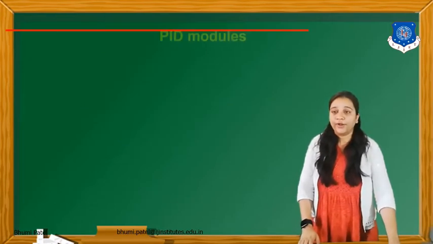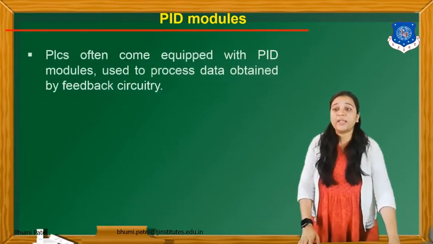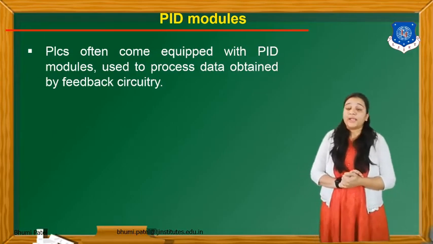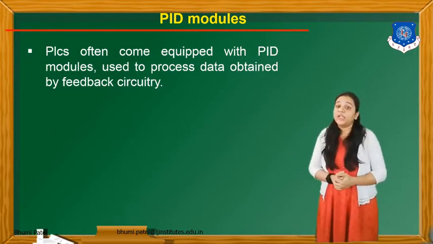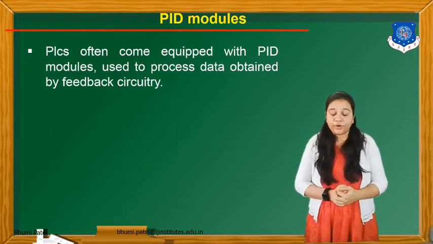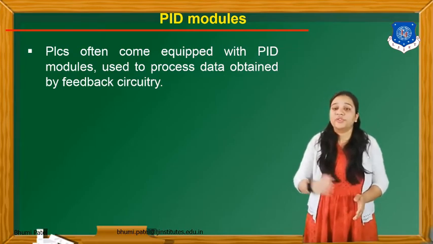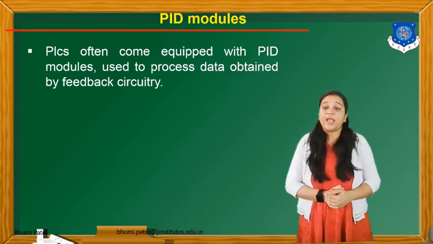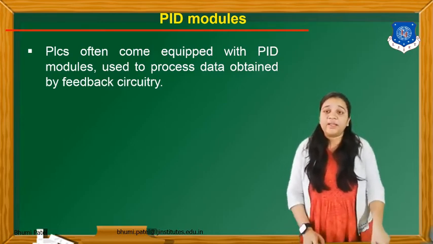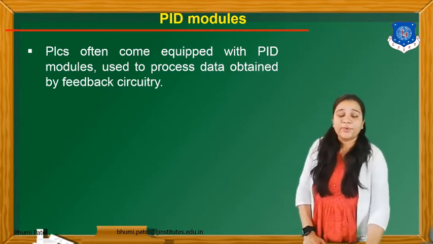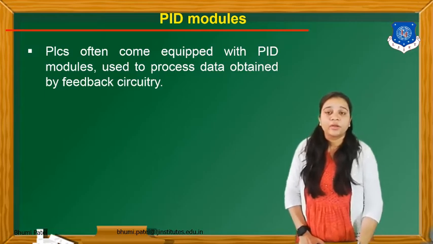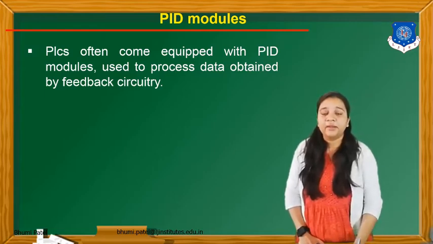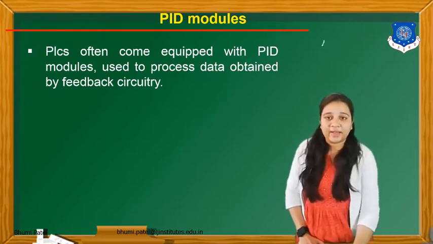So first of all, what is the PID module? PLCs often come equipped with the PID module used to process data obtained by the feedback circuitry. As you know, whenever we deal with the PID module, suppose we have a closed loop system, and the closed loop system is given like this.